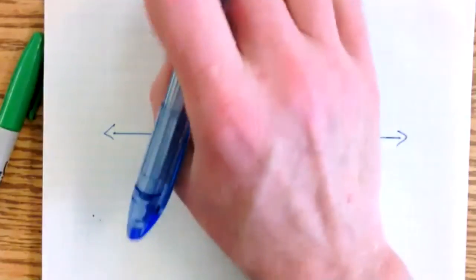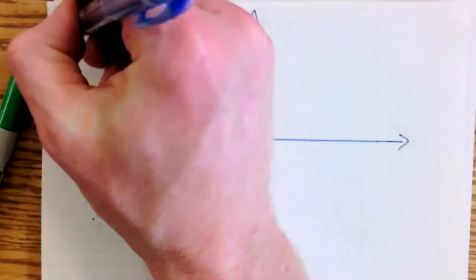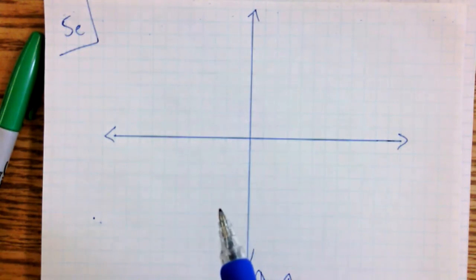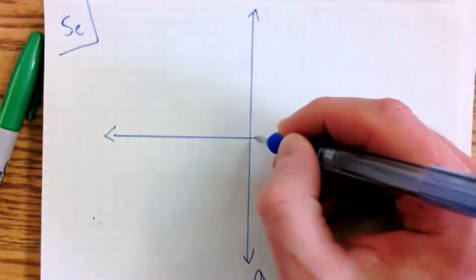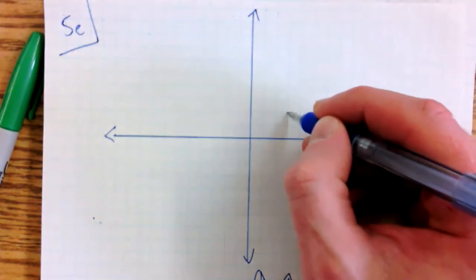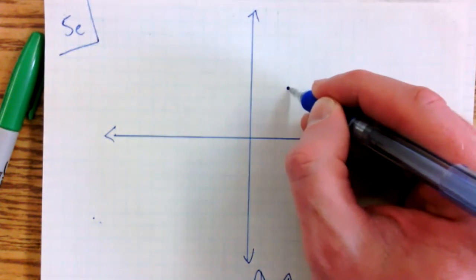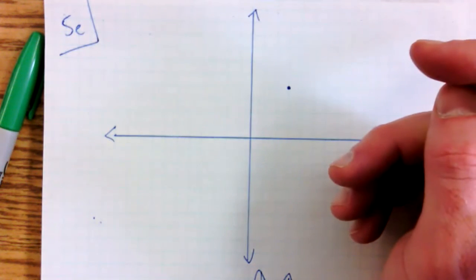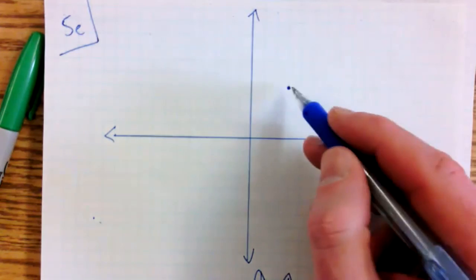Okay, this is 5E. Write it down so I stop checking all the time. 5E. All right, it's going to be 3 and 4. 1, 2, 3, 1, 2, 3, 4. That's the vertex. It is a negative, so it's going to open down.